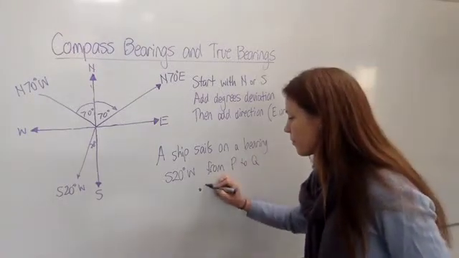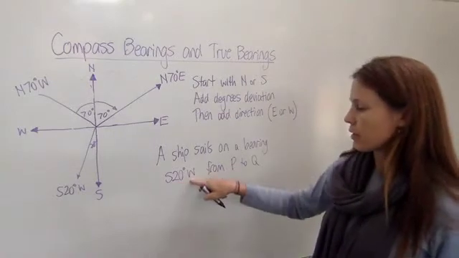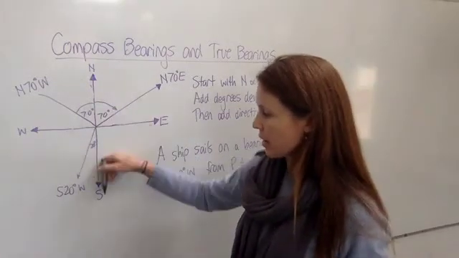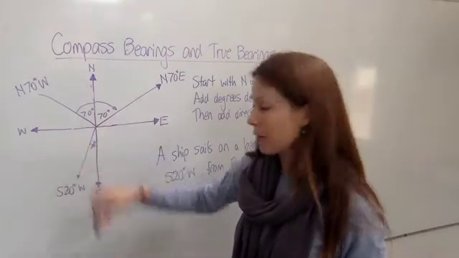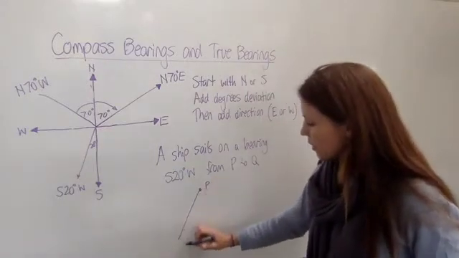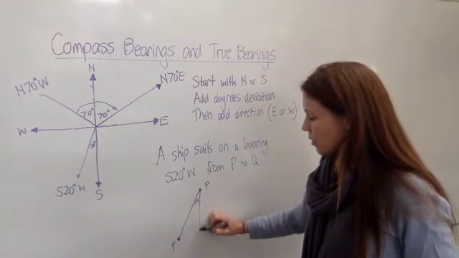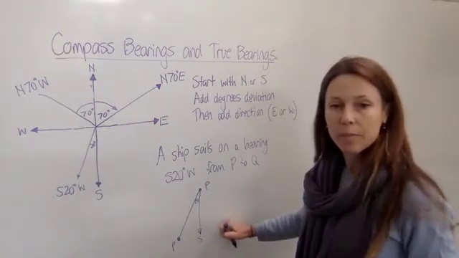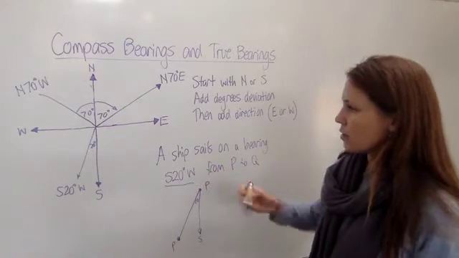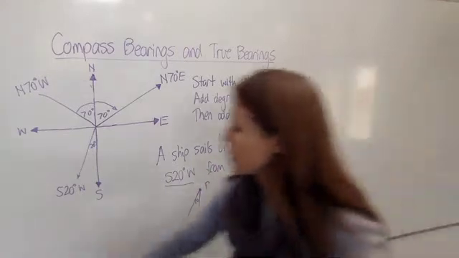So draw P, and then say, what is south 20 degrees west? And you need to be able to picture that south that's gone west a bit, 20 degrees. So it's an angle something like that, and now you've got P and Q, and you know what this angle is, 20 degrees off dead south. So that's how you use these to label compass bearings.